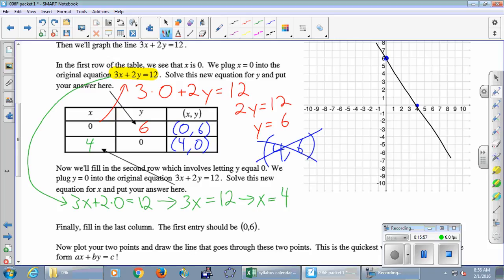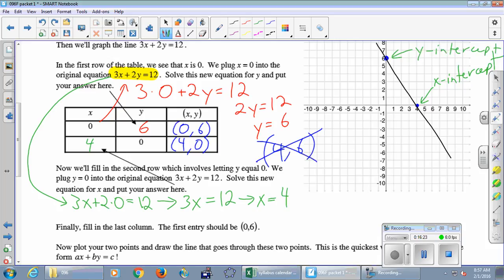Just some quick vocabulary here. What is the name of this point right here? X-intercept. Yeah, the point that's on the graph of the diagonal line, that's on the x-axis is called the x-intercept. And likewise, the point on the y-axis is called the y-intercept.